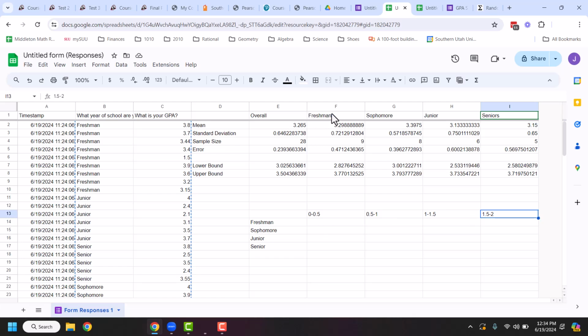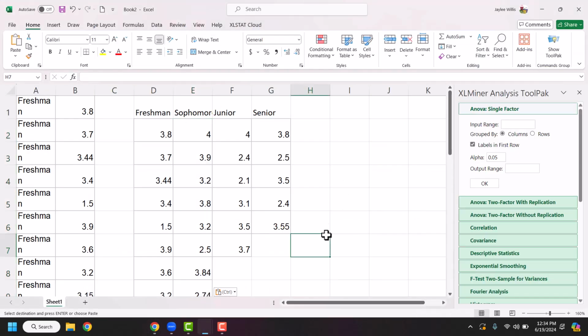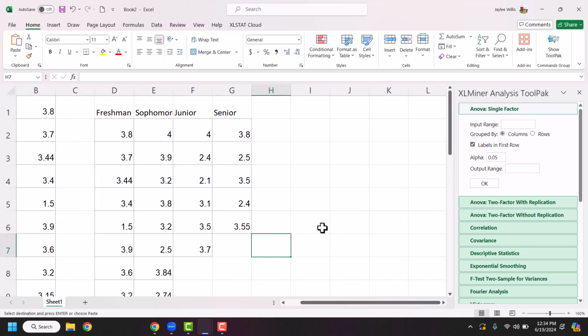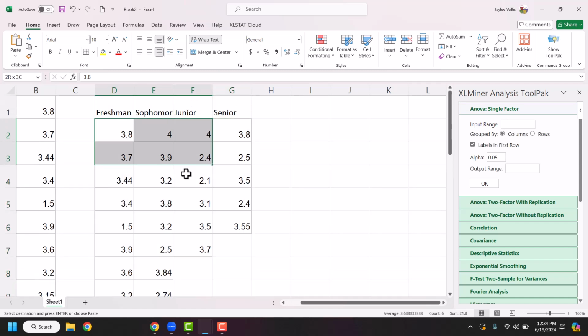But the ANOVA test has to work with numerical data. So if we go back to Excel, my null hypothesis is that these means, or the population means that they represent, are equal. So to do the ANOVA single factor, I'm going to select my input range, which I don't know why it's not selecting it.